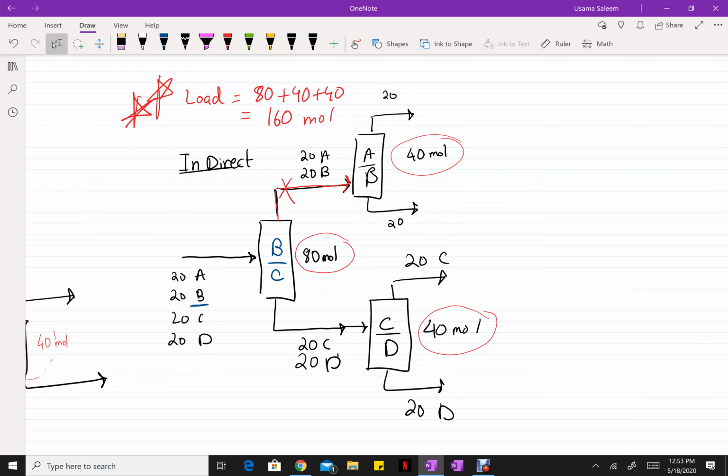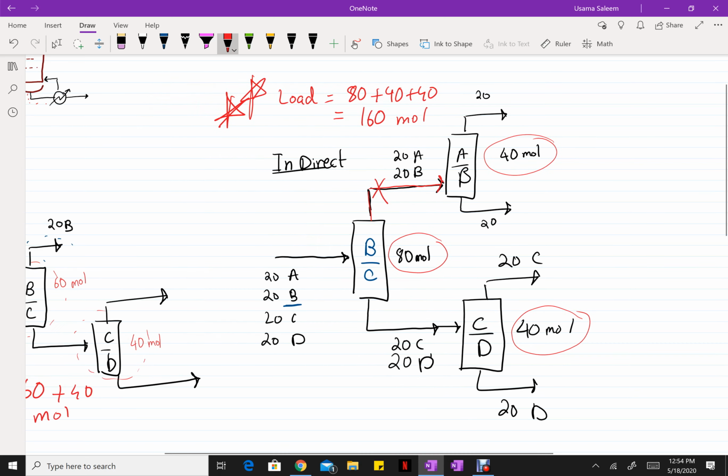Also, the lower fluid load means that your columns are not going to be as thick, and the reboiler and condenser duties are going to be lower. So it's going to save you operating costs as well as capital costs. More about that in future videos.